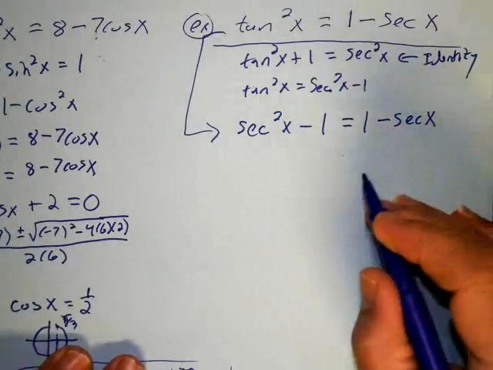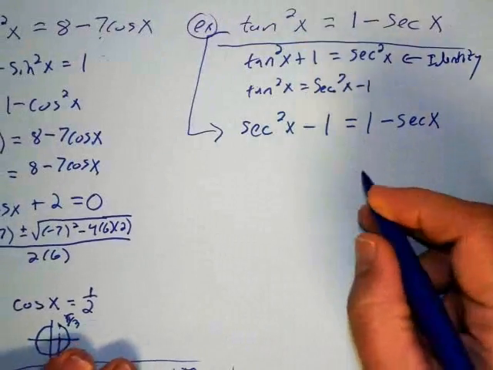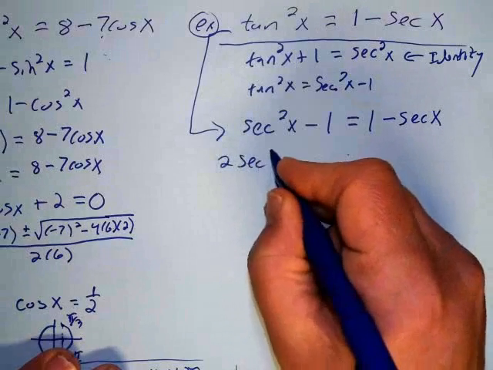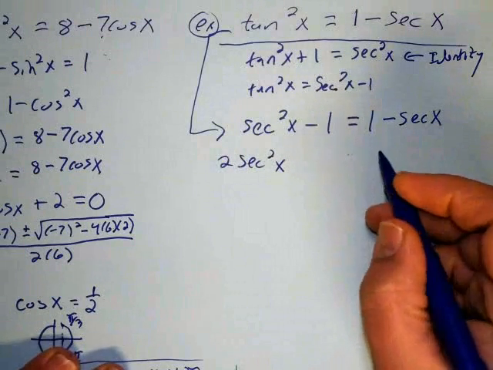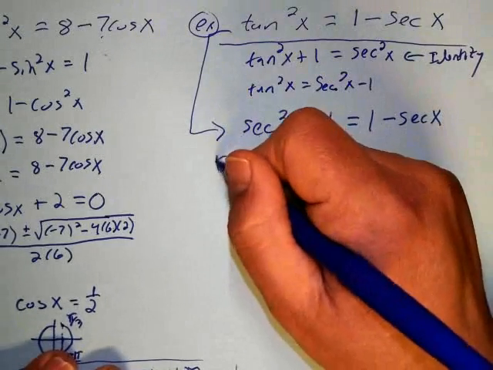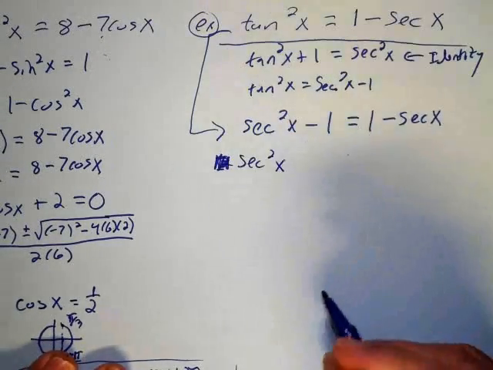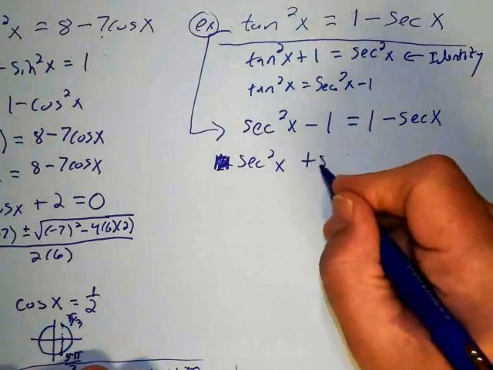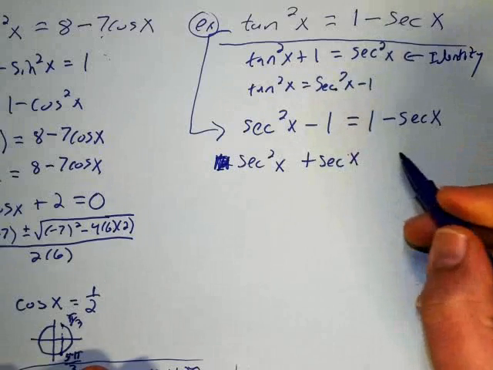And so now we'll bring everything to one side. So if I bring this over, I get 2 secant squared x. No I don't, sorry. I would get the secant squared x here. I would get plus secant x.